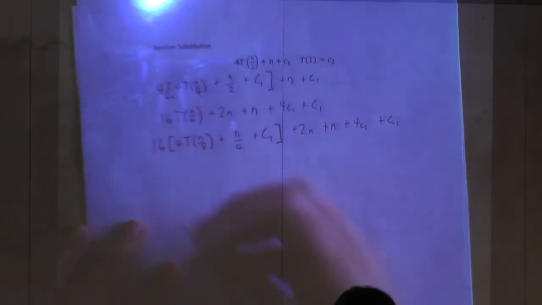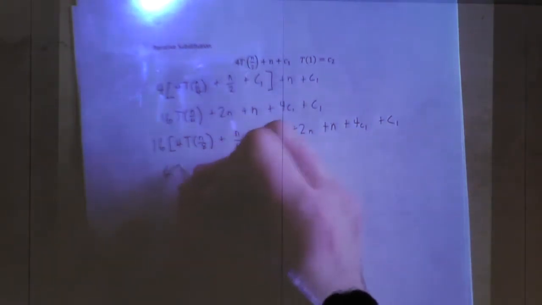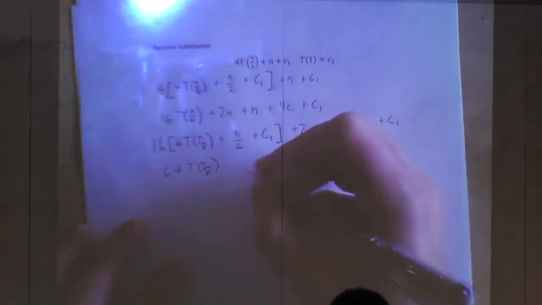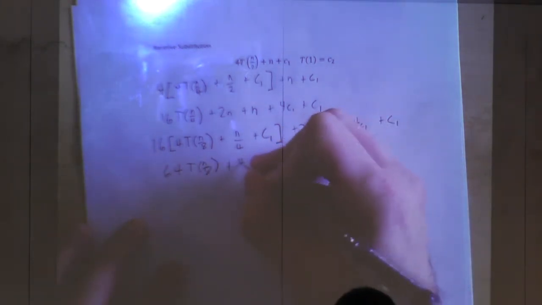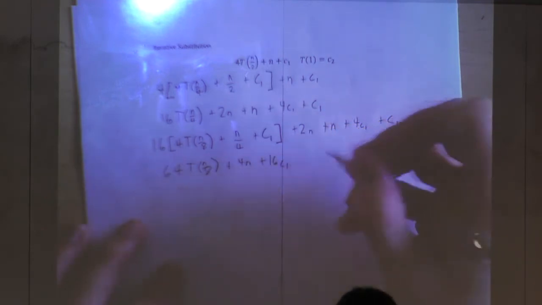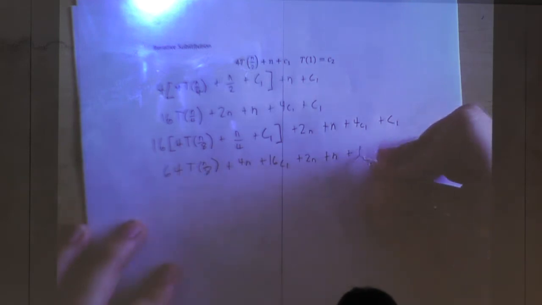Okay, now simplifying this, we're going to have 16 times 4, so we're going to have 64 t of n over 8, right? And then we're going to have 4n plus 16c1 plus 2n plus n plus 4c1 plus c1.